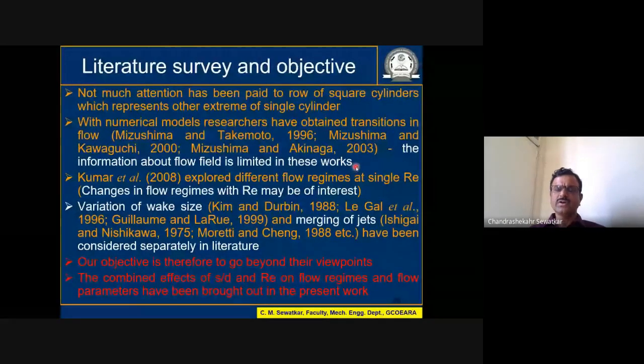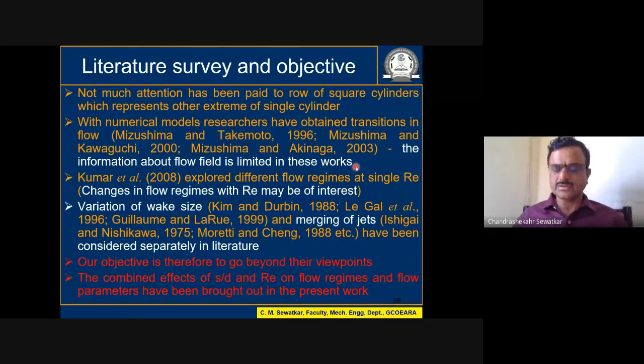When I say flow field, I mean velocity information at a large number of points around the body, which is not available. Maybe at 1 or 2 points people did the measurements, but the velocity field or pressure field was not available at a large number of points.